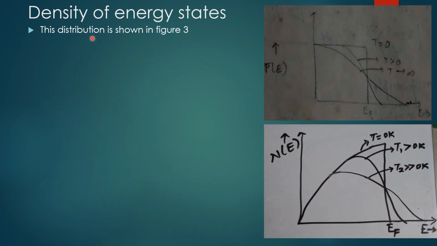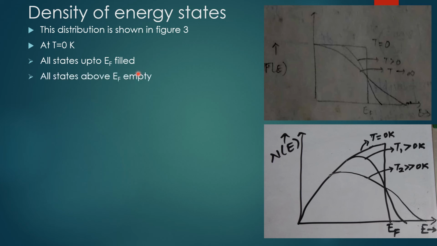This distribution is shown in this figure. At T equal to 0 degree Kelvin, all states up to EF are filled. All states above EF are empty. That is this curve at T equal to 0 degree Kelvin.